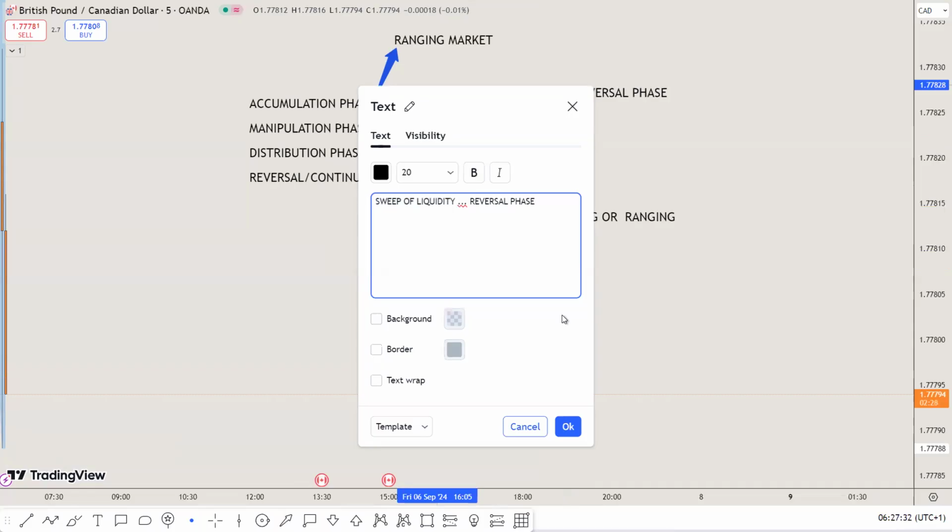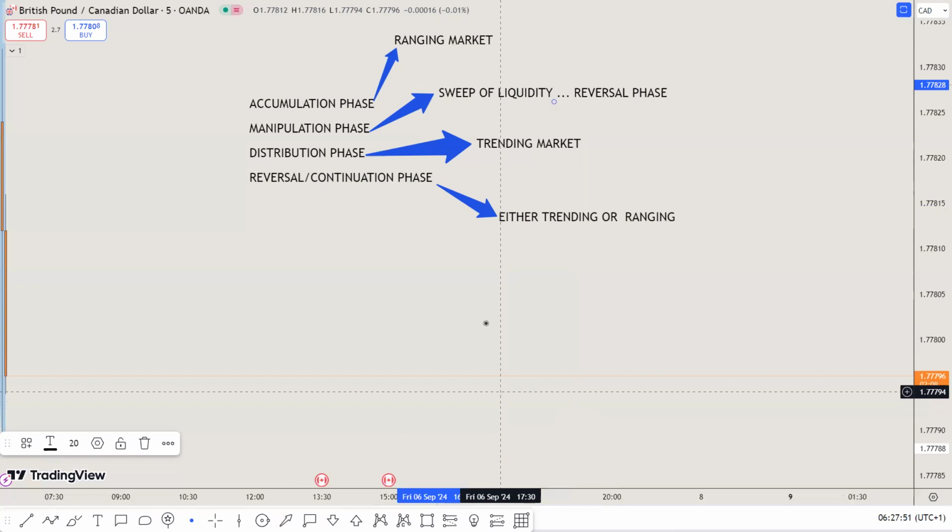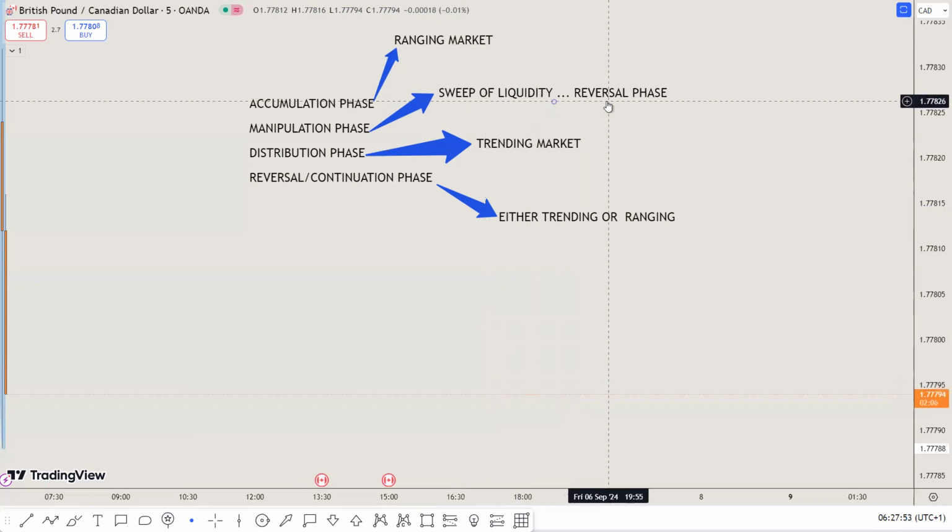So if the market was trending upwards, we expect a sudden movement towards the downside. And if the market was trending downwards, we expect a certain sweep to occur for the market to move upwards. All right. So we call it the reversal phase, which is what I want to focus on.